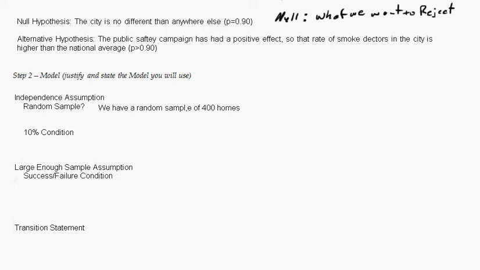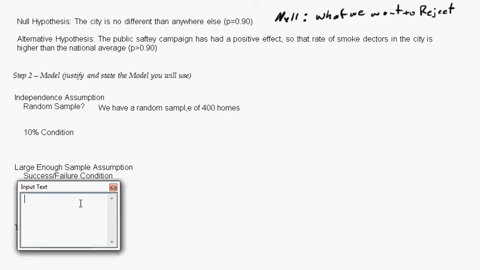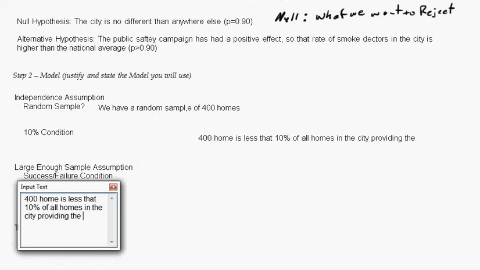Now for the 10% condition, we could say 400 homes is less than 10% of all homes in the city, providing the city has more than 4,000 homes.